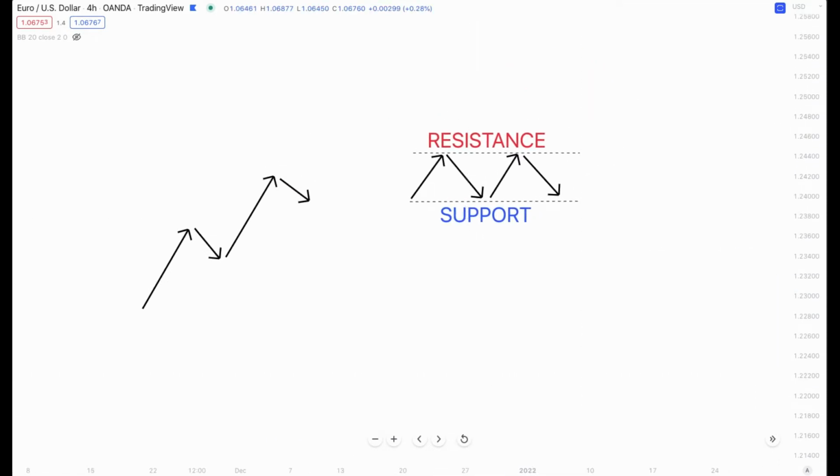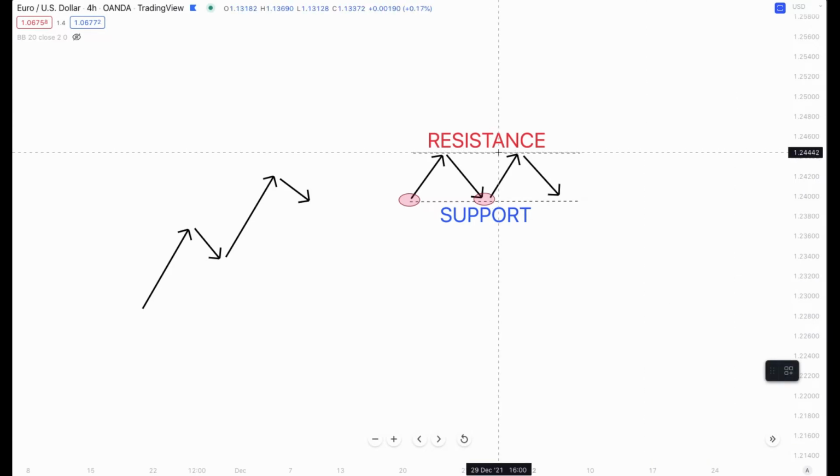We can see that these zones right over here, this is obviously a demand zone, because buyers think that this specific asset or instrument, whatever you're trading, is at a good price point. There is a demand to buy this asset at this price point. Therefore, demand. Conversely, we can say the same thing about supply.